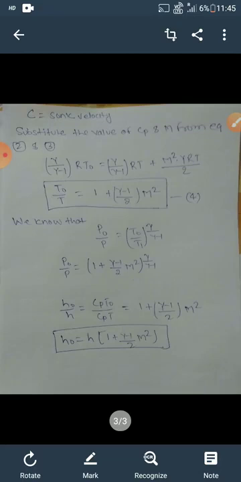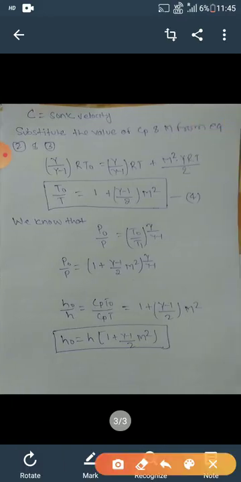So you can also write T naught by T equal to 1 plus gamma minus 1 by 2 into Mach number whole square. That is another equation we found.